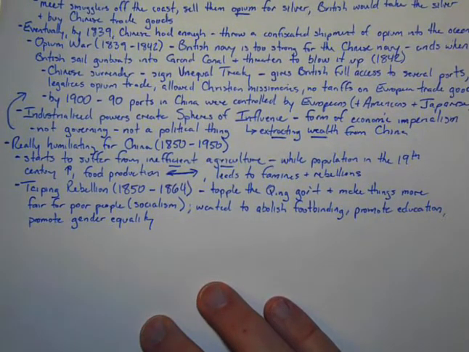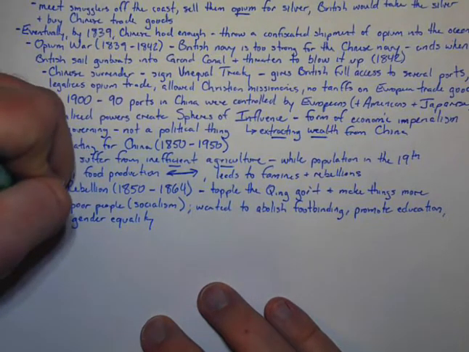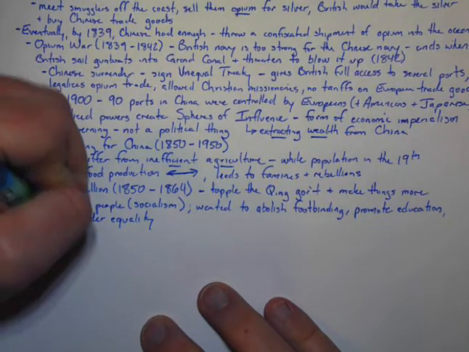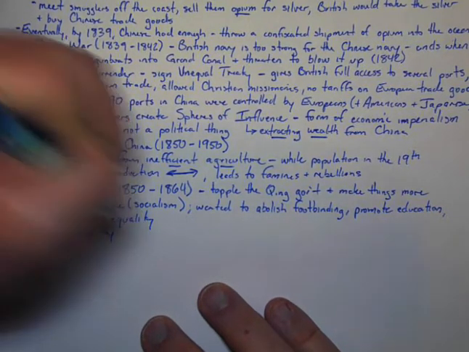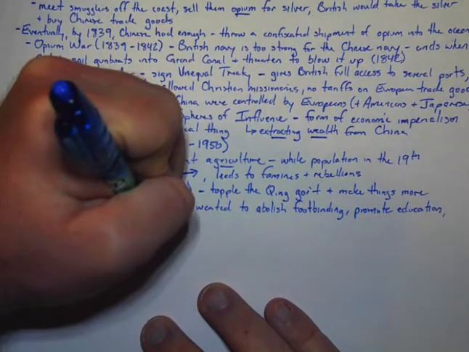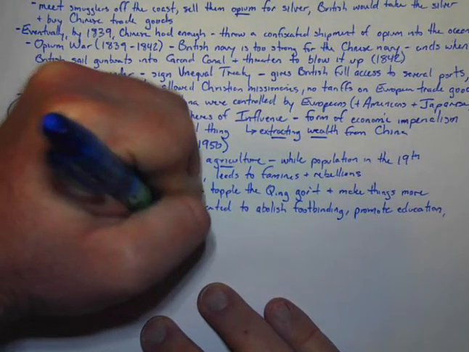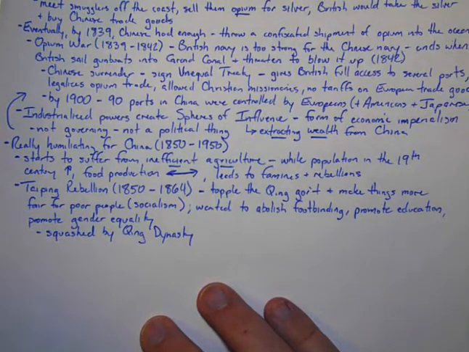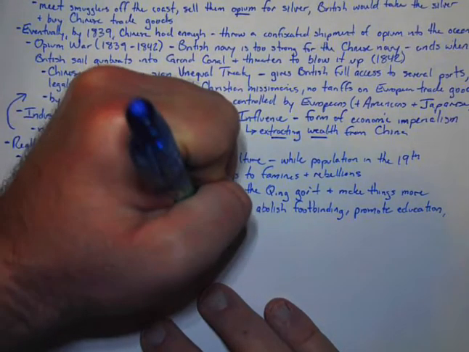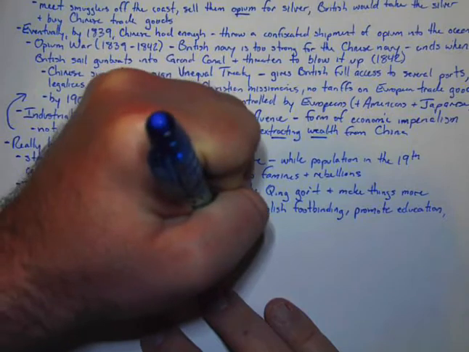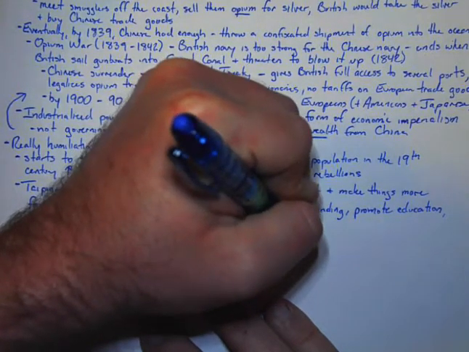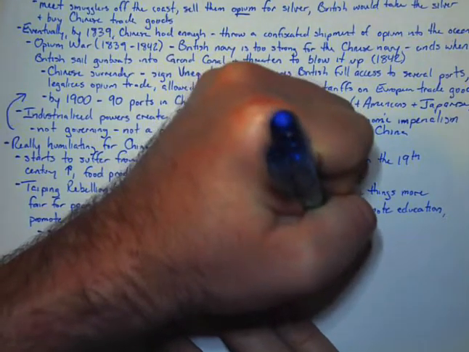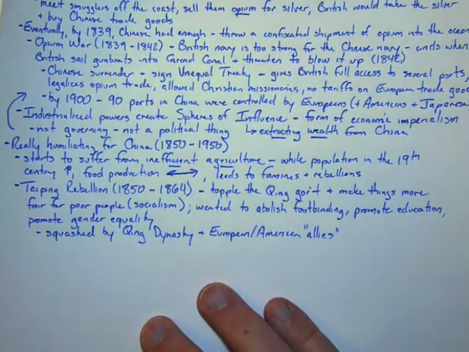Now, the Taiping Rebellion was eventually squashed, but it wasn't squashed by the Qing government. They failed. It was squashed by the Qing Dynasty and their European and American allies.